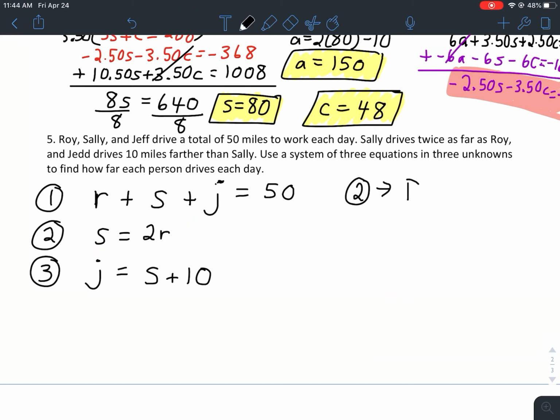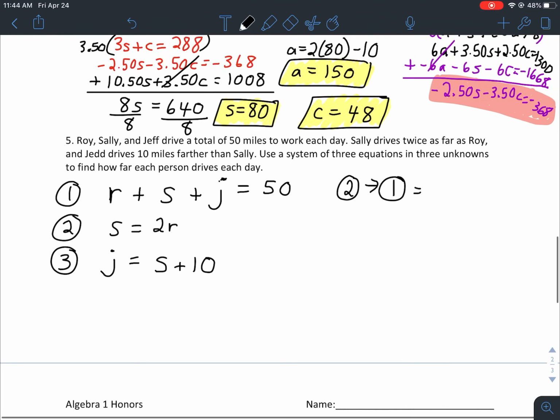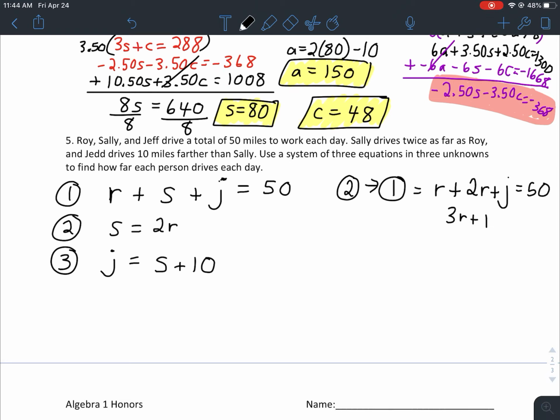I'm going to plug 2R into equation 1, and I'm already regretting writing those equations so big. So if I do that, I still have R. I'm not going to have S anymore. I'm replacing that with 2R plus J equals 50. Combine like terms, I have 3R plus J equals 50.